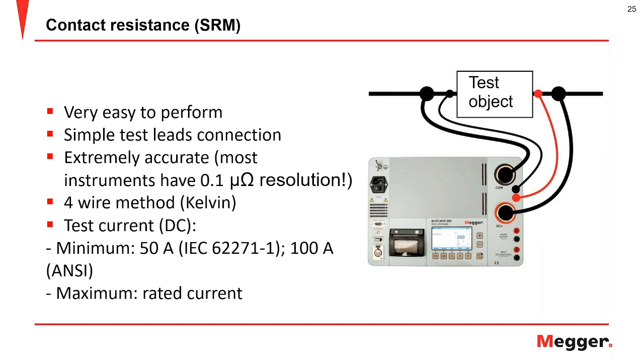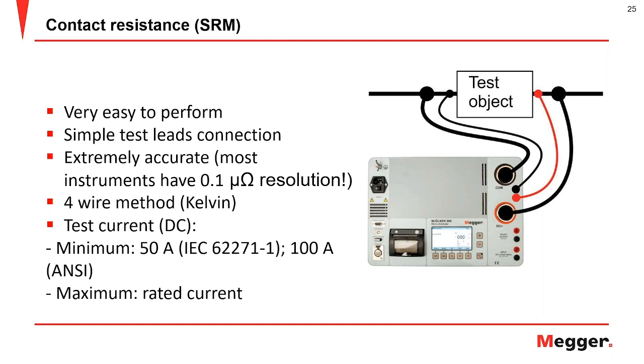As test requirements, the standards will advise you need to use at least 50 amps for the IEC standards and at least 100 amps recommended by the ANSI standard. And of course, some of the manufacturers will require an even higher value, up to the rated current of the circuit breaker.